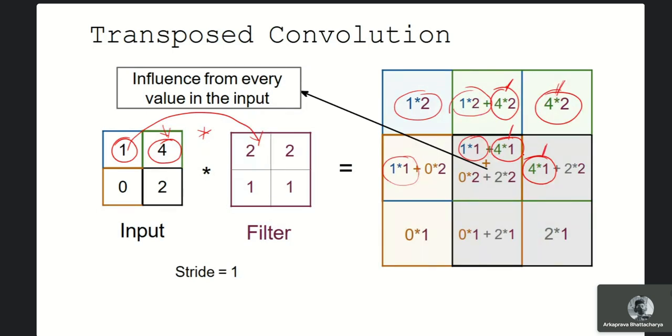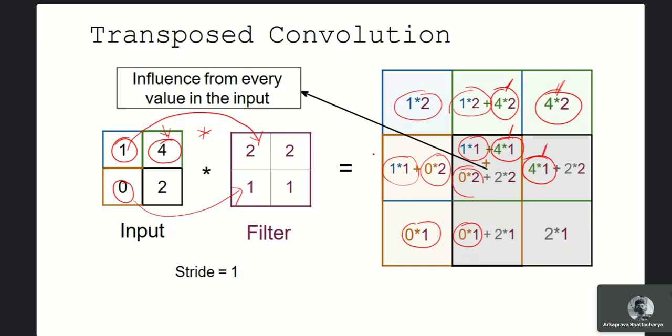These are the values that you get when you stride the filter by 1. Now again, you use the next input value, stride the filter by 1 and move it down. Again, what values do you get? 0 multiplied by 2, 0 multiplied by 2, 0 multiplied by 1 and 0 multiplied by 1.